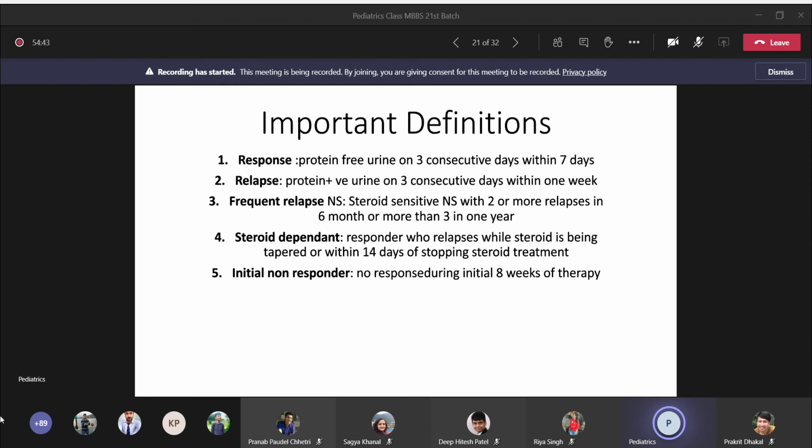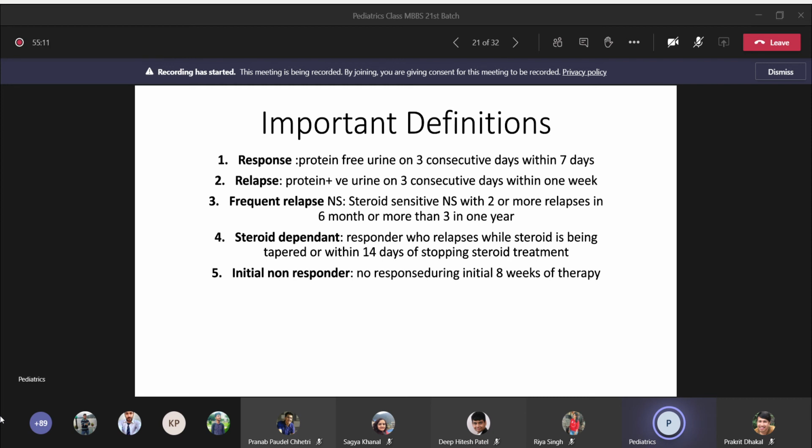In response also, you have to look at the clinical response and the investigation response or chemical response. Clinical response means if you are giving the steroid to patients having nephrotic syndrome, what will happen first? The patient's weight will decrease. The edema will decrease. The urinary output will increase. These things are called clinical response.